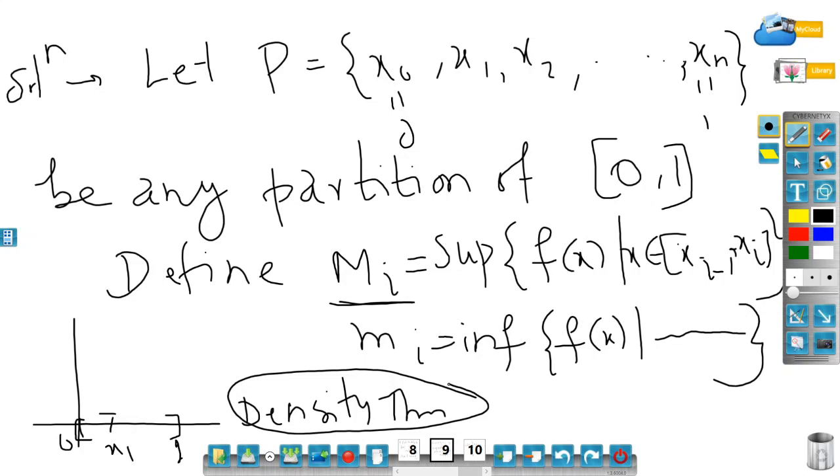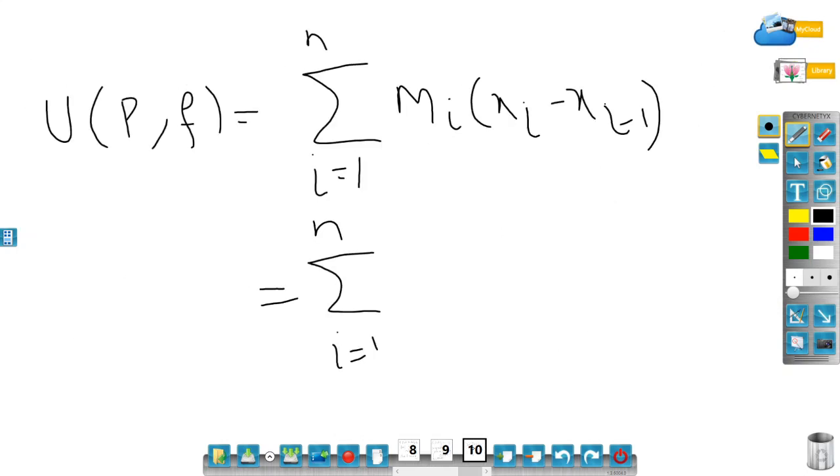So between 0 and 1, the function will definitely take the values 1 and minus 1, infinitely many times. So the supremum is always 1 and the infimum is always minus 1 for any interval you take. So your Mi is always 1.